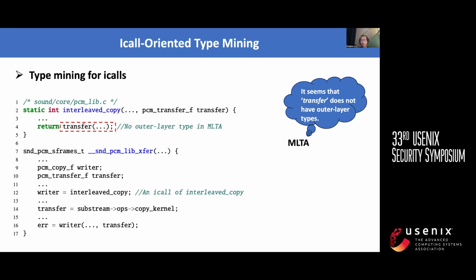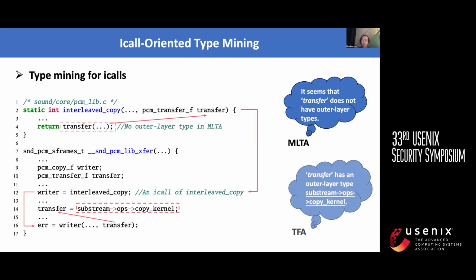Therefore, MLTA will fall back to imprecise one-layer type analysis. However, with the help of data flow analysis, TFA could identify that this Indirect-Call has an outer layer struct type named substring OPS copy kernel, which makes this Indirect-Call benefit from multi-layer type analysis.